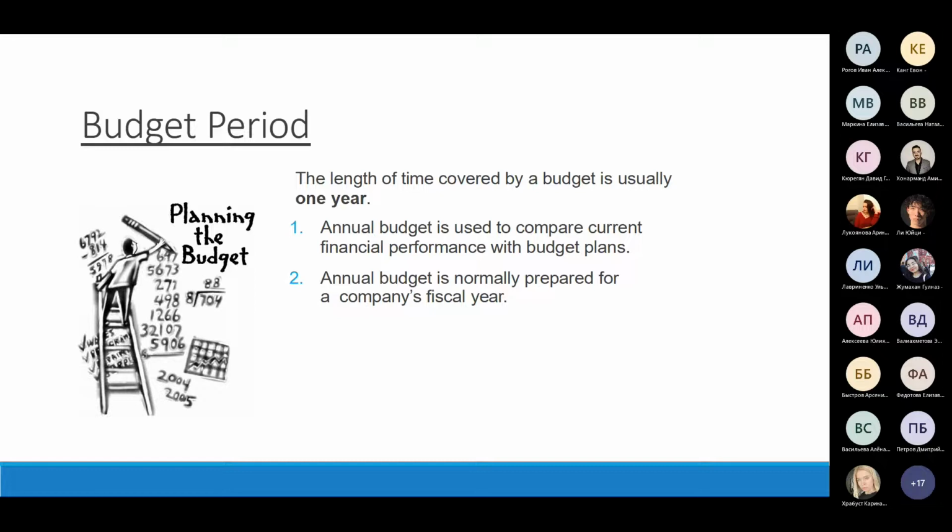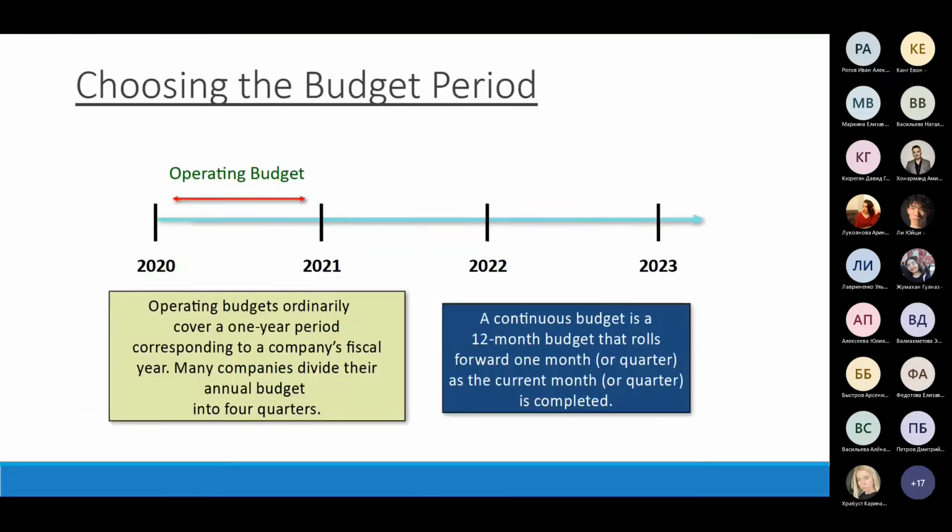So the first issue is the basic budgeting period is 1 year, and the second, our budgeting period should coincide with the fiscal year. If our fiscal year starts on the 1st of December, our budgeting period should start at the same time. As we have in Russia, the financial year starts from the 1st of January, so the budgeting period starts on the 1st of January as well. I think this approach is quite simple and logical.